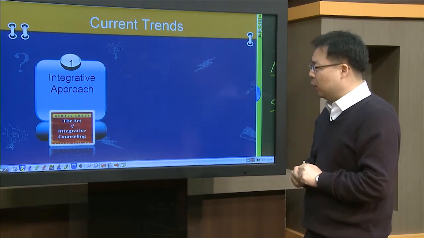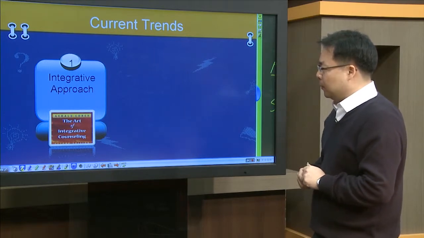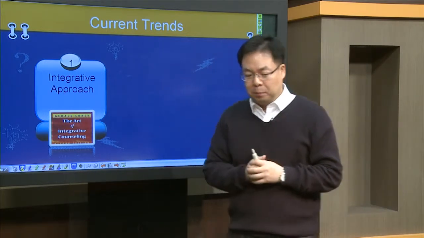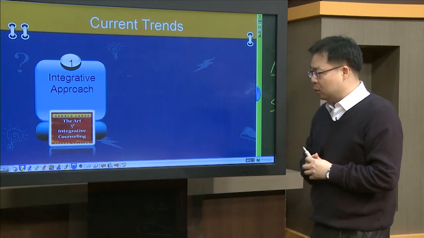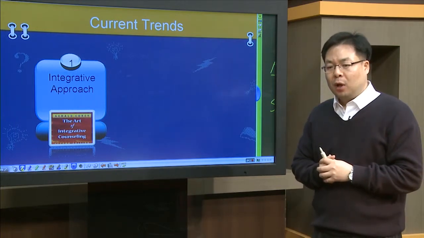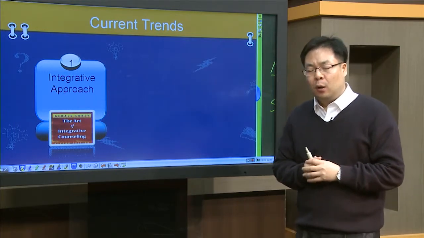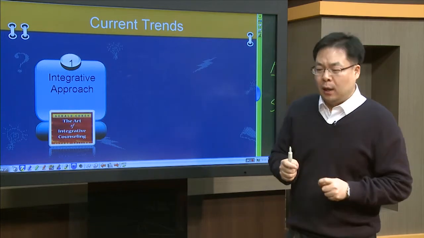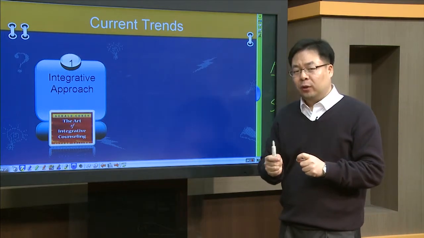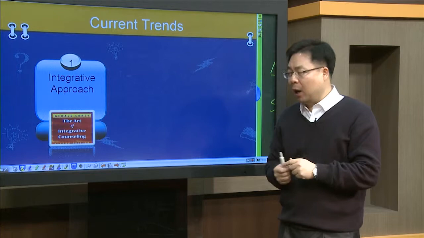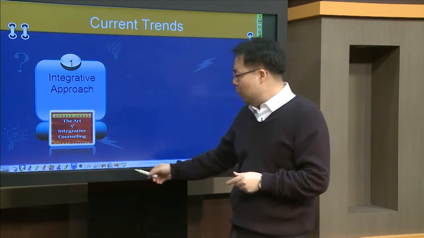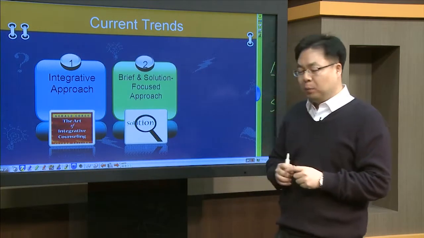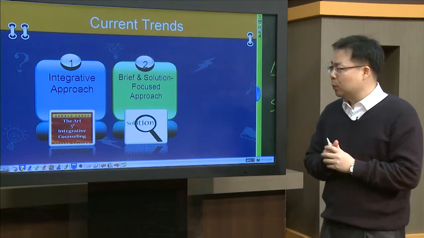It's called the integrative approach. Gerald Corey is one of the persons famous in this approach. So he tried to select a different theory based on the characteristics of the client's problem. So now we know it's not only one approach, it's a multiple approach.